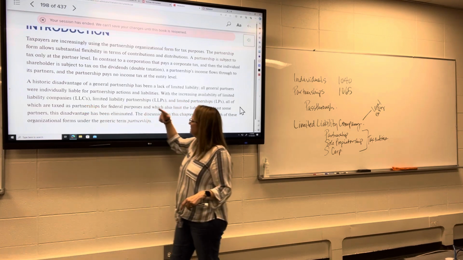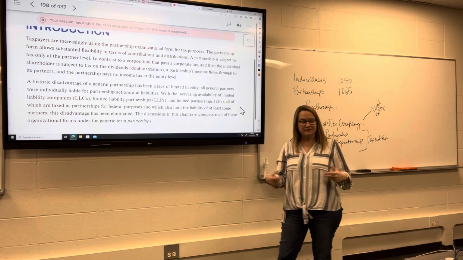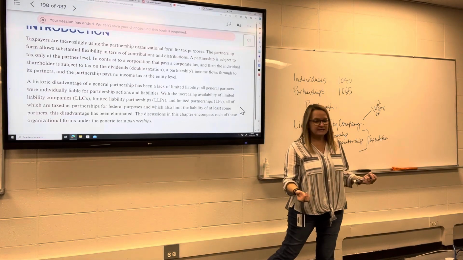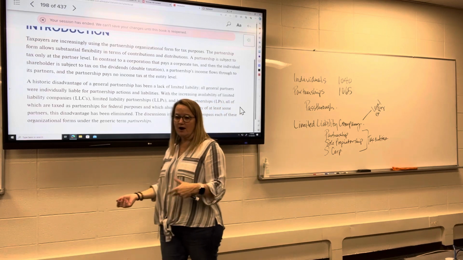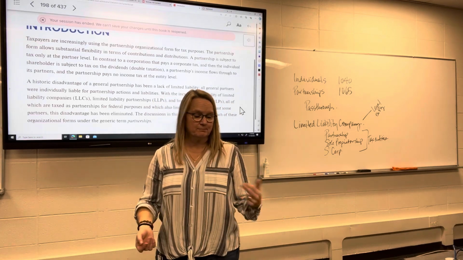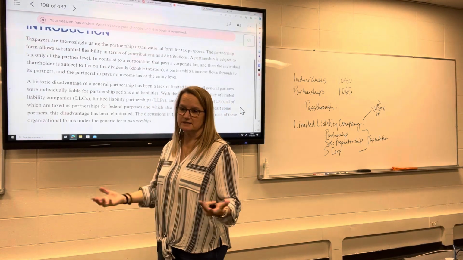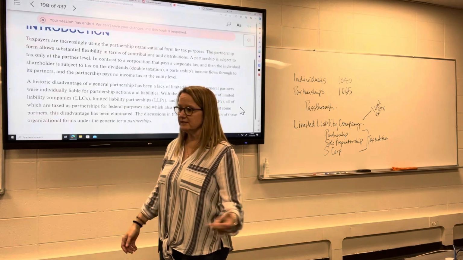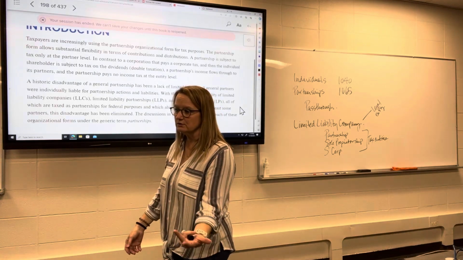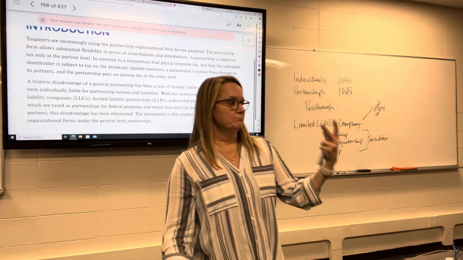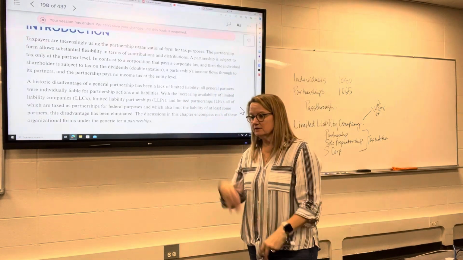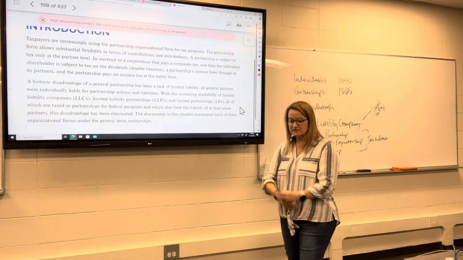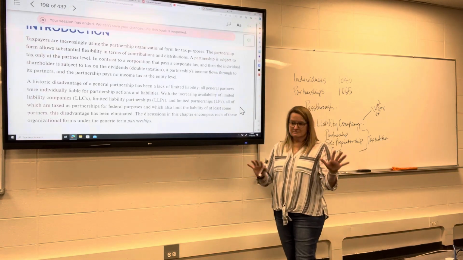We have LLCs and LPs, but that is a way of organizing the business to protect the owners from personal liability. So, like I said, if somebody comes in, injures themselves, they can't go after the owner's personal assets. They can only go after the assets of the company. So it provides a barrier there. Does that make sense? Yes?